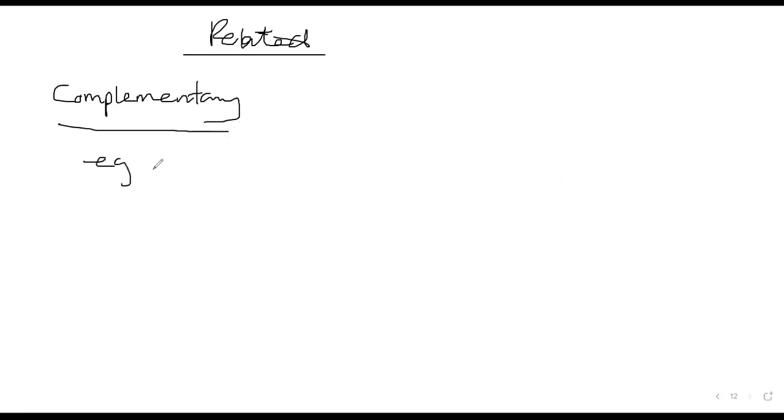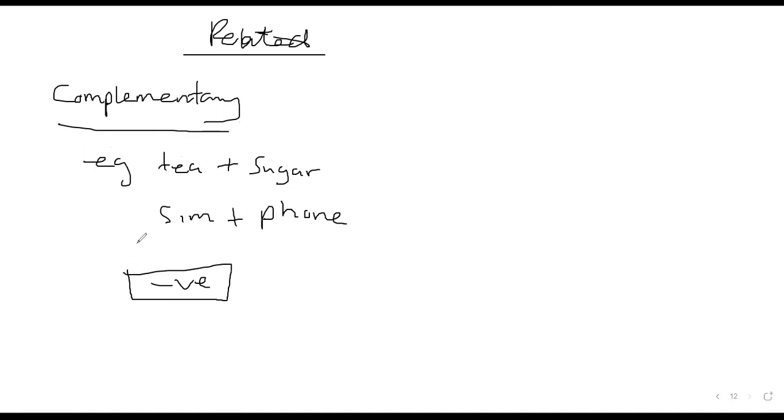Example, tea and what? Sugar. Phone and what? SIM card. So the elasticity of demand for a complementary good is always negative, because if the price of one good goes up, the demand of the other good will go down. So complementary goods are goods with the same usage.